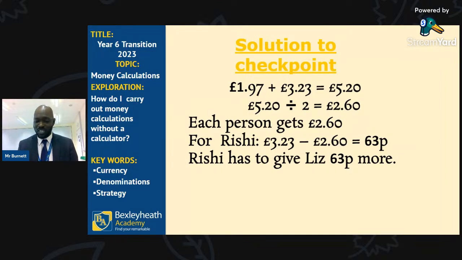Yes, and please don't forget, that's called the mean. So if we share things equally, the amount that each person gets is called the mean. So we then have to find the difference between what Rishi had and what he now has, and that difference is 63p. So we got there in the end.